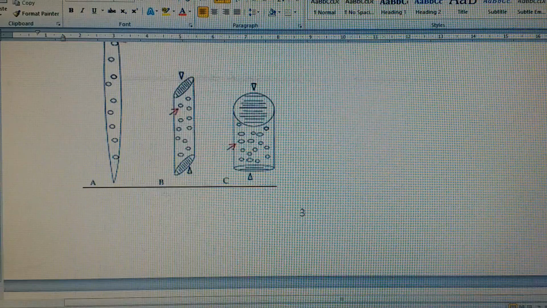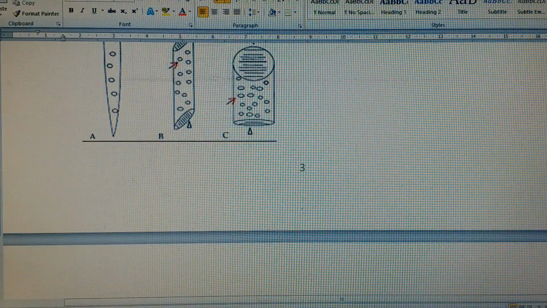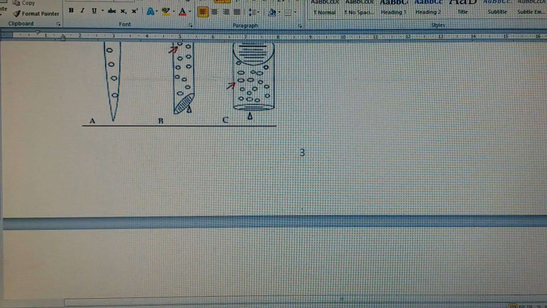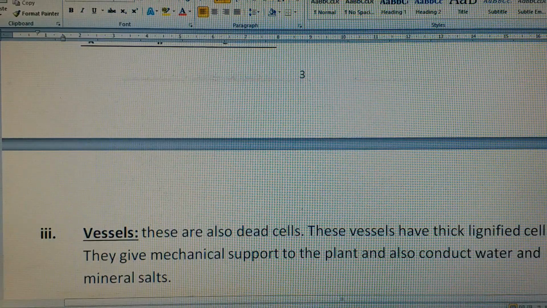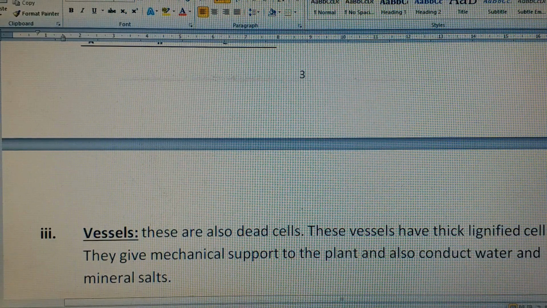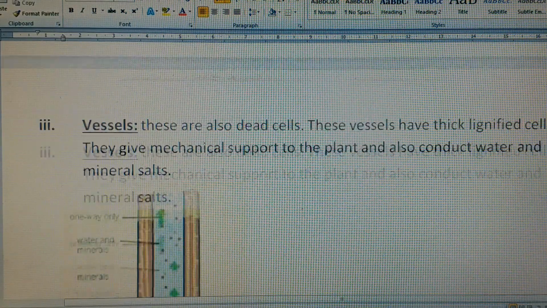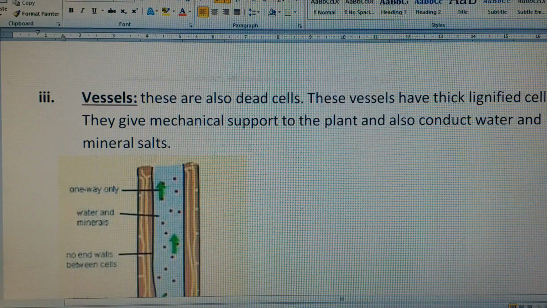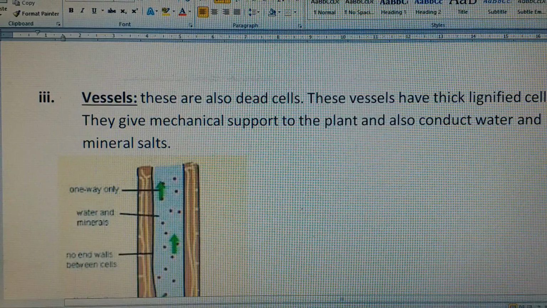Now the next type of cell present in xylem is called vessels. These are the vessels present. Vessels are also dead cells. These vessels have thick lignified cell walls.